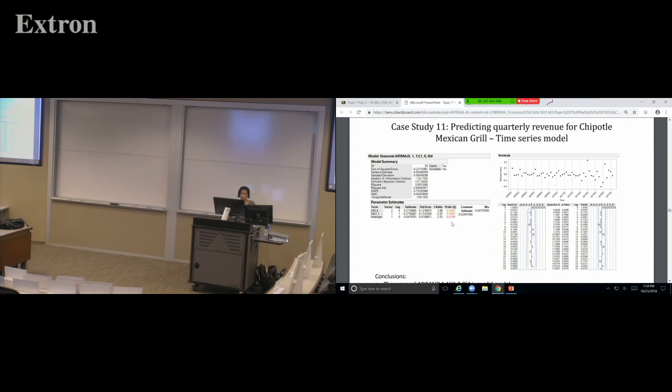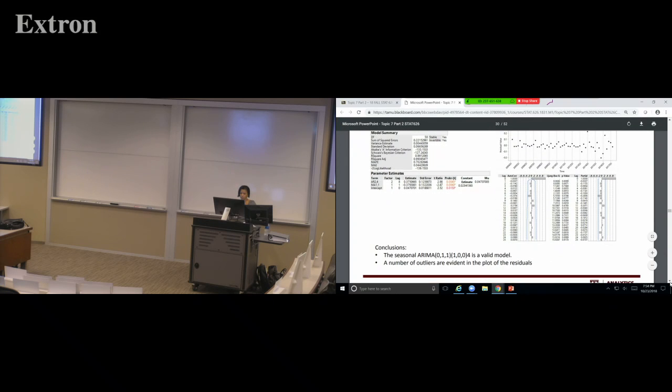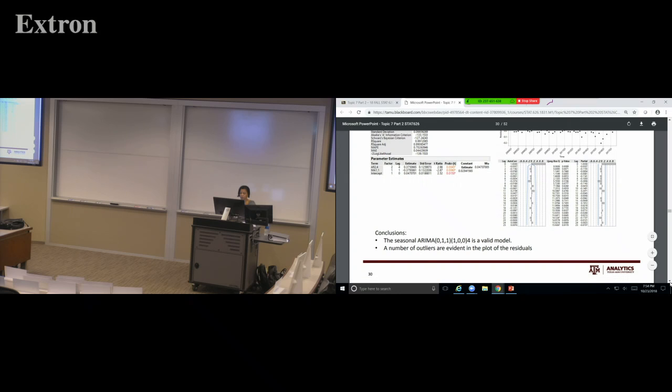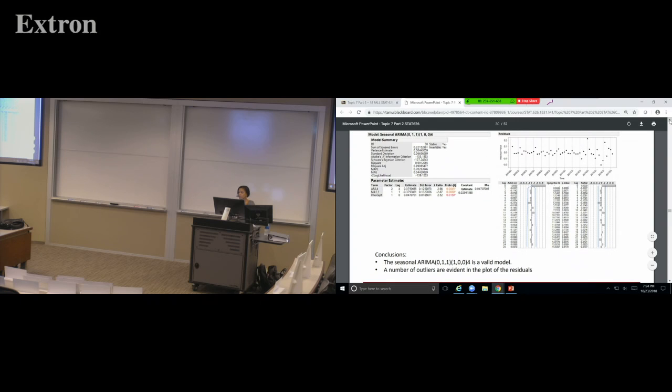If you then go back and look at your parameter estimates for the components of the seasonal and non-seasonal components of your model, they are also both significant. So, a valid model with the residuals looking like white noise, but there also are some outliers. Please note those, a few outliers.